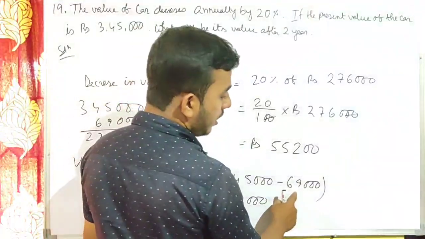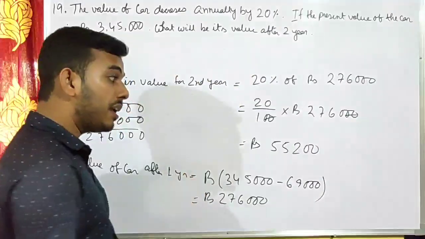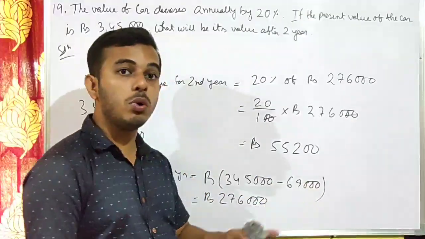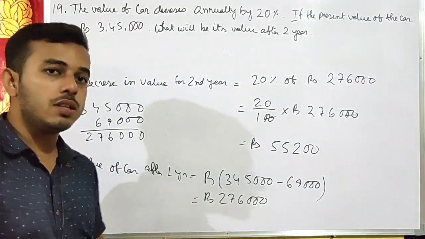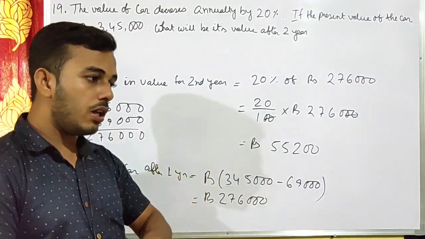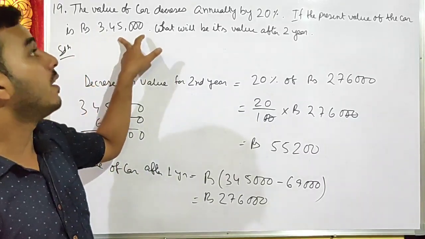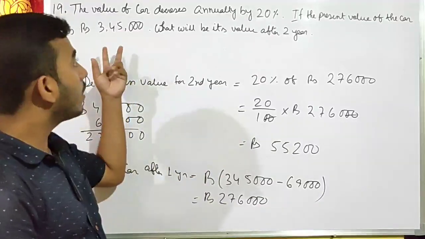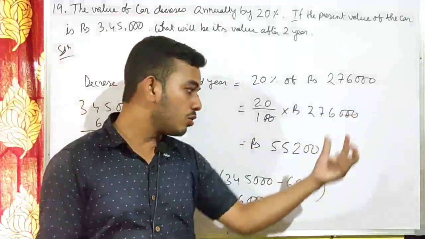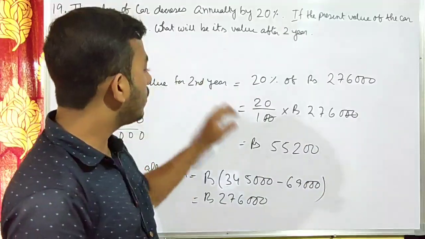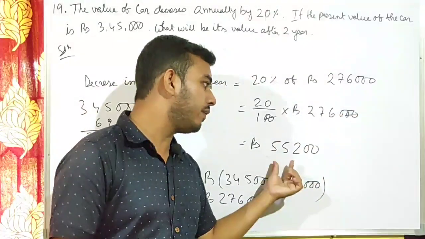Okay, look, in the first year it decreased by 69,000; in the second year it is decreasing by 55,200. Why? Because the amount is decreasing. In the first year the value was 3,45,000, and 20% of 3,45,000 is a greater amount, isn't it? 20% of 3,45,000 is 69,000, and 20% of 2,76,000 will be 55,200.